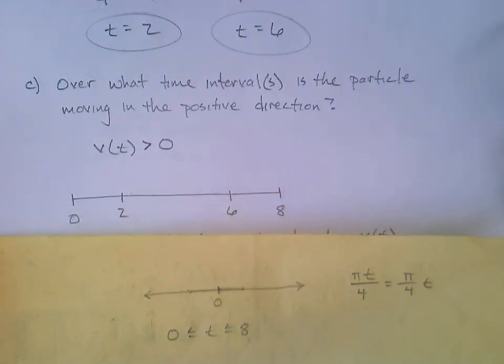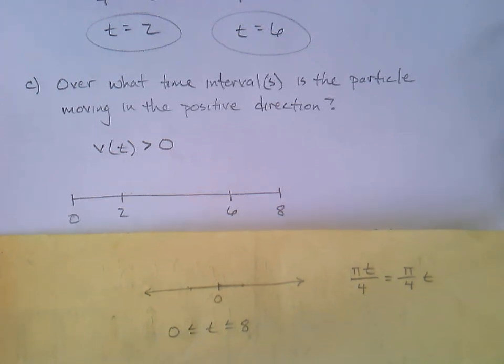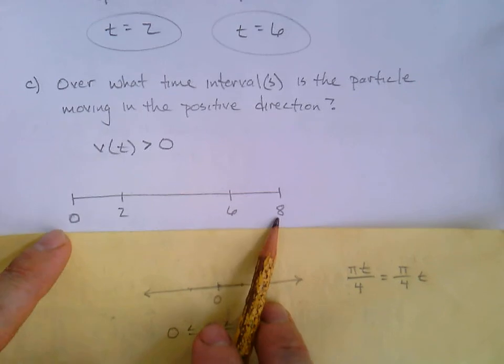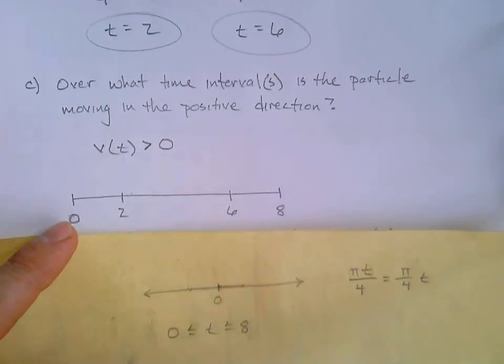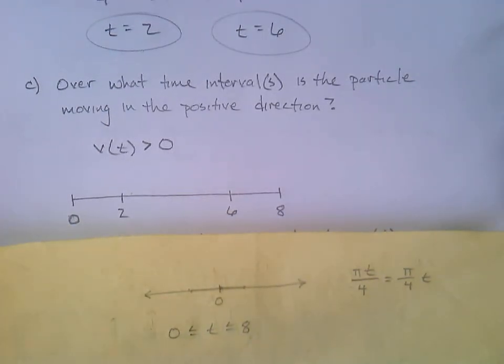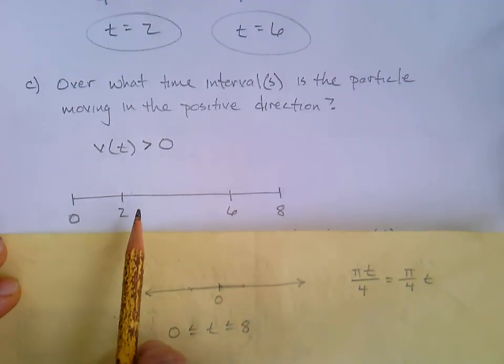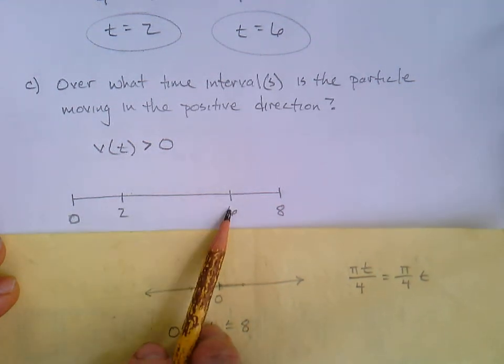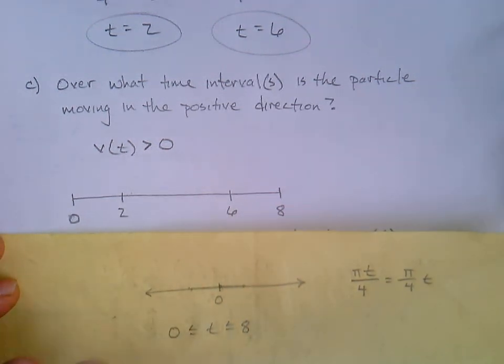Okay. Here's what we're going to do. We know this thing only operates between 0 seconds and 8 seconds. So I'm going to create this number line from 0 to 8. We're also going to mark off the 2 moments when the particle is stopped. So at 2 and at 6, it's not moving at all. It has a 0 velocity.